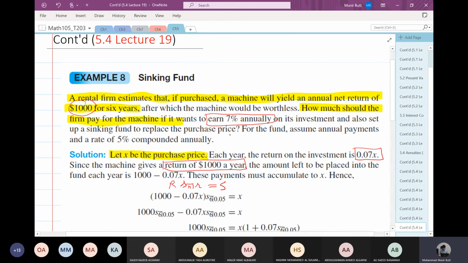We have to subtract this value from the 7%, and then the formula is very clear because we have 6 years of compound interest annually. Since it is annual, no need to divide by any number.